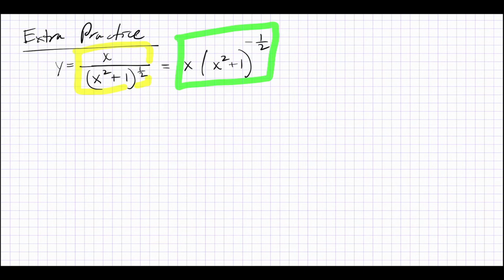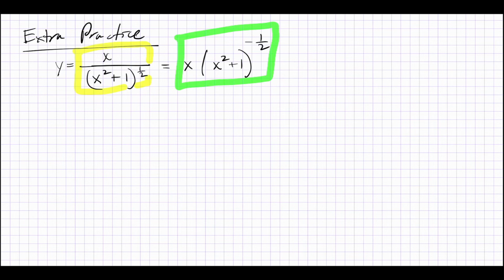Personally, from teaching this class, anytime I can avoid using the quotient rule, I prefer to do that. That's just preference. I've seen a lot of mistakes happen with the quotient rule, because there's a lot of things going on.